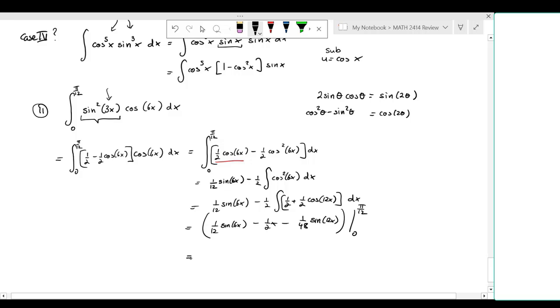Yeah. All right, so at the upper bound, what do we get? Sine of pi over 2 is 1. And sine of pi is 0, so okay, that's nice. So that's at the upper bound, and at the lower bound, everything is 0. I like it.